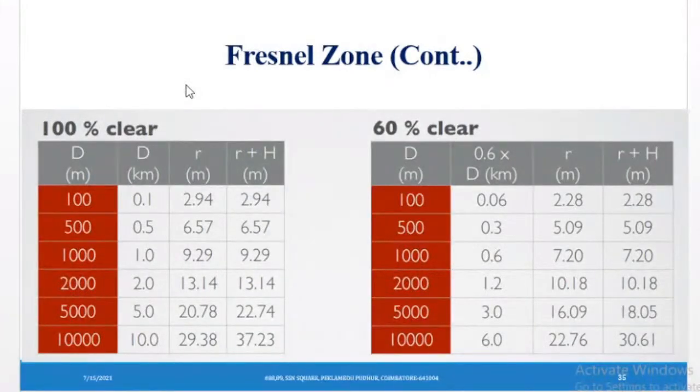We can achieve 10 kilometers without any obstacle, with direct line of sight, or with a higher gain antenna even more. But it depends on the particular environment. If the environment changes or any obstacle is there, your coverage range will reduce like this. 60% clearance, 6 kilometers.